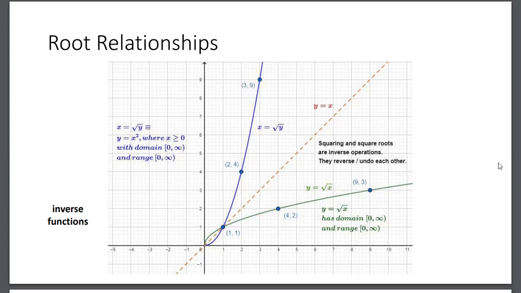This keeps going up and up, higher and higher, but very slowly. These two functions are mirror images across this diagonal. They're inverse functions, inverse operations. So these patterns can be seen visually, not just analyzed through the algebra.